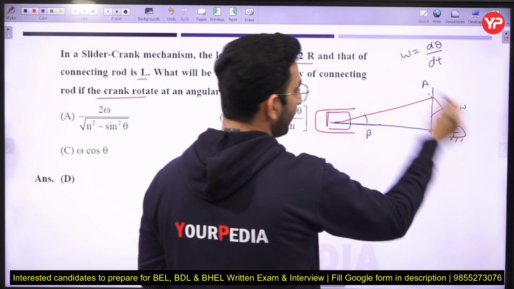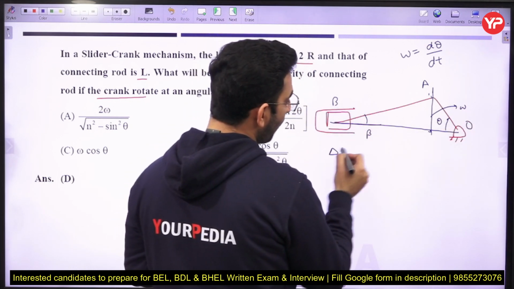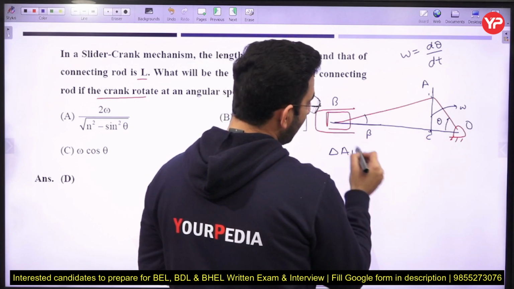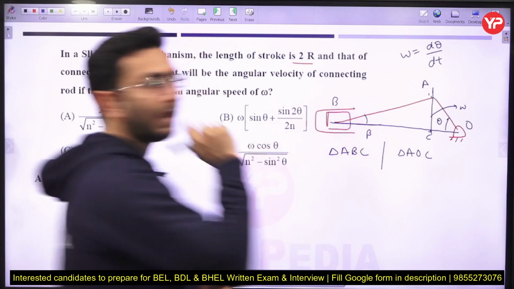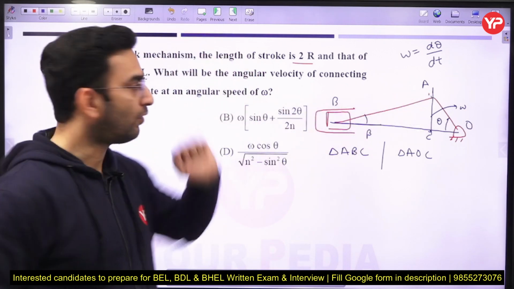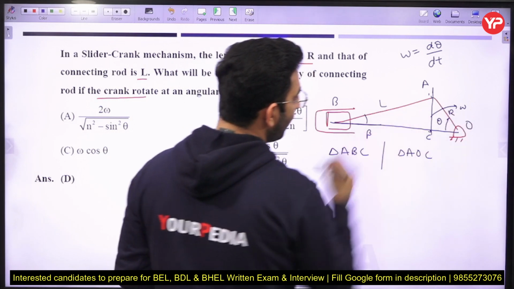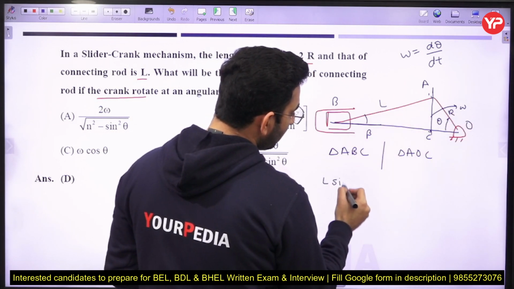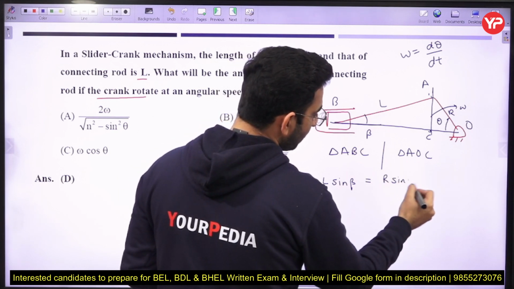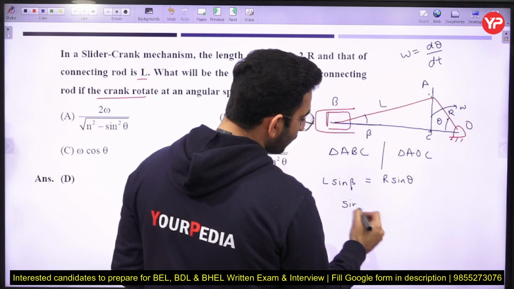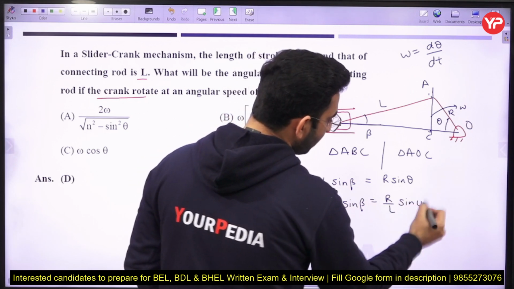Let us do the naming A, O, B. From triangle ABC and triangle AOC, this AC line is common. So this is L and this is R, and I can write L sine beta is equal to R sine theta. So sine beta is equal to R upon L sine theta.